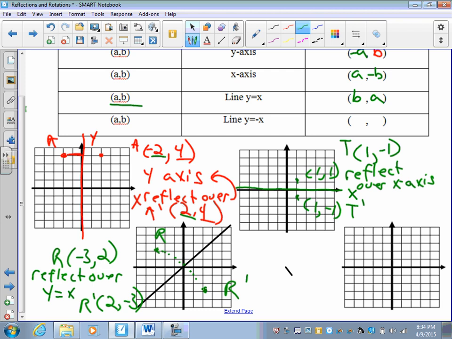Now for y equals -x, you are going to switch them and make them negative. So it's going to be -b, -a. The y equals -x line has a negative slope.